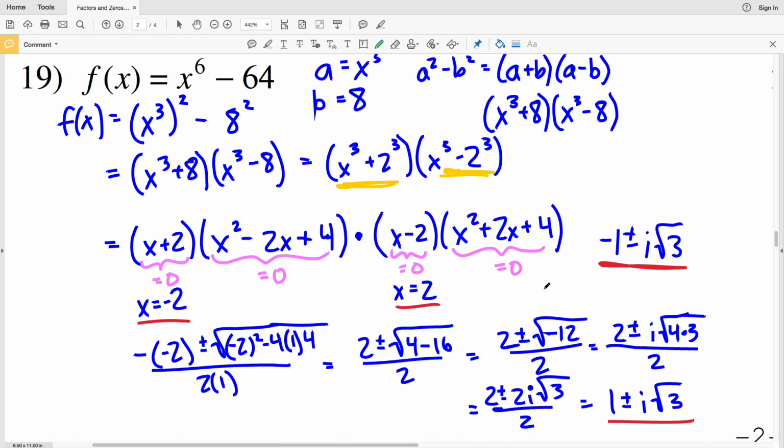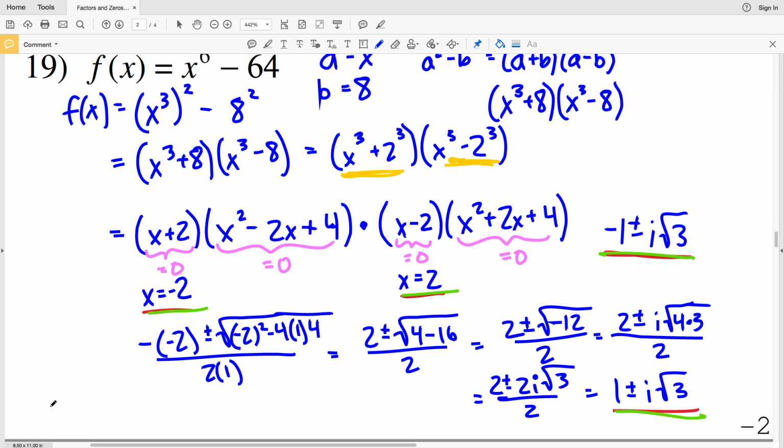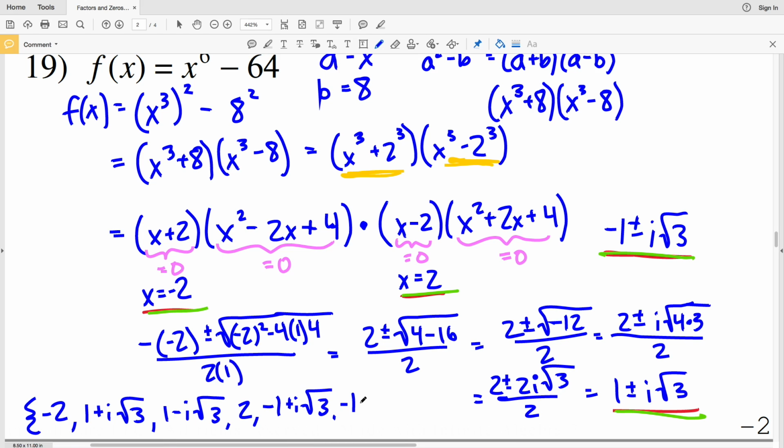Now that we have solutions for each of the polynomials, the first, second, third, and fourth that multiply together to give us our function, I now have the zeros. For number 19, our solutions are negative 2, 1 plus i times the square root of 3, 1 minus i times the square root of 3, positive 2, negative 1 plus i times the square root of 3, and negative 1 minus i times the square root of 3.